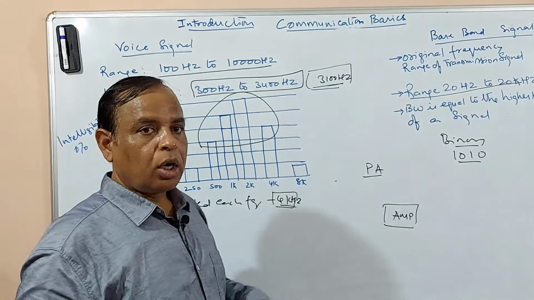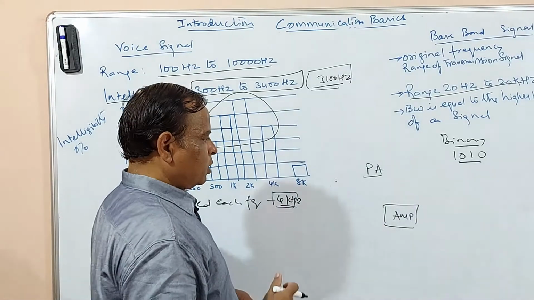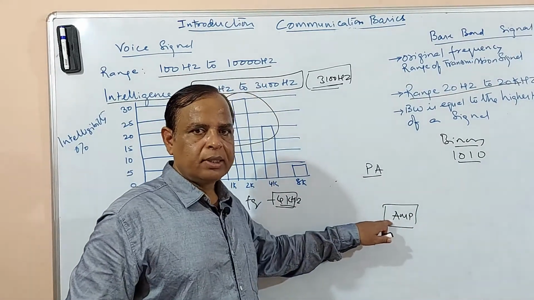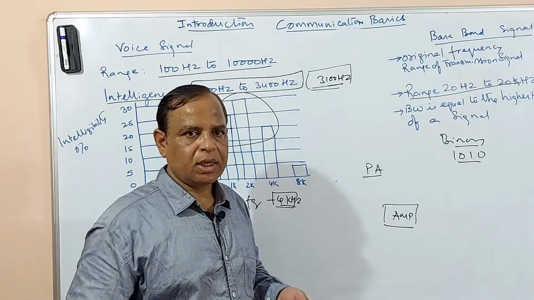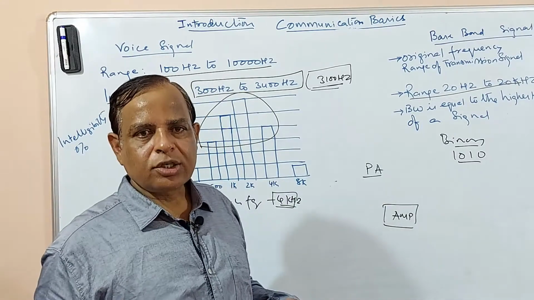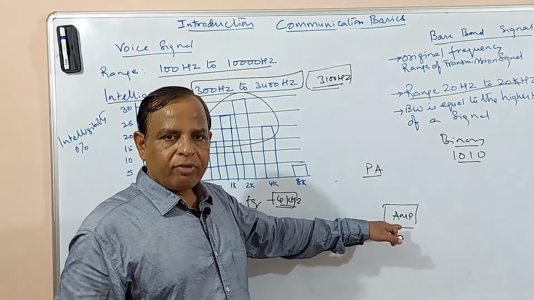So how do you improve the strength of your signal? The amplifier can amplify what kind of signal? The electrical signal. But when we speak, what are we actually generating? We are generating a sound signal. Our sound signal doesn't amplify directly.